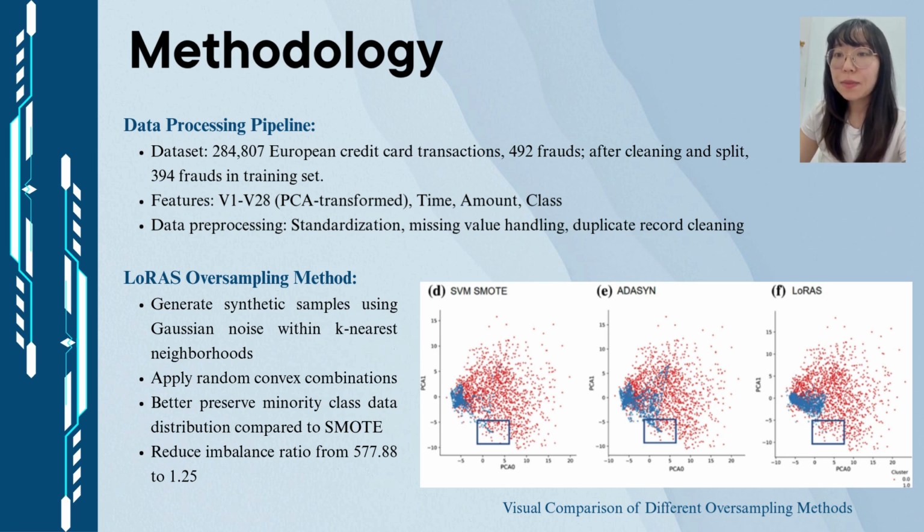For the oversampling stage, the low-res technique was applied. It selects k-nearest neighbors, then generates synthetic fraud samples by adding Gaussian noise and using random convex combinations. This expanded the number of fraud samples to around 180,000, greatly reducing the imbalance.